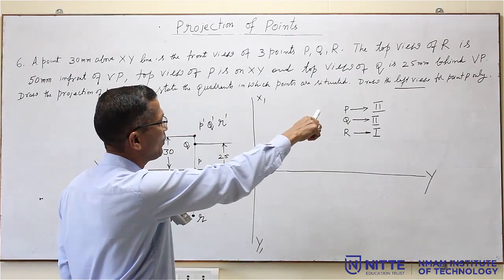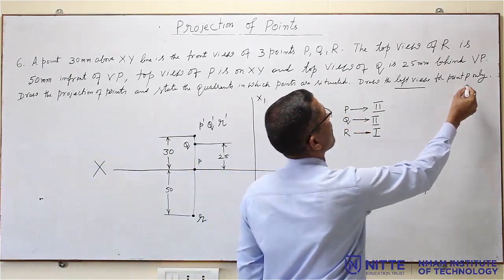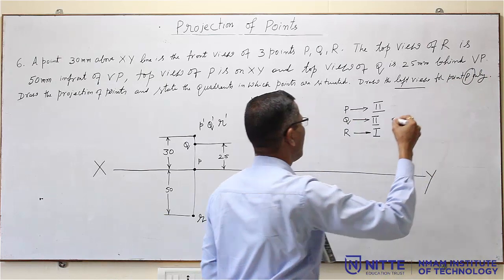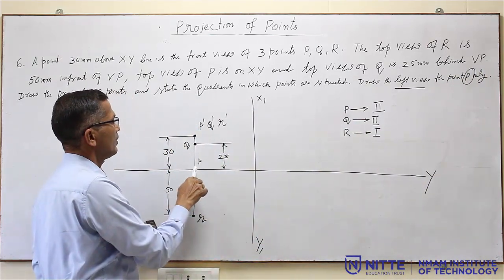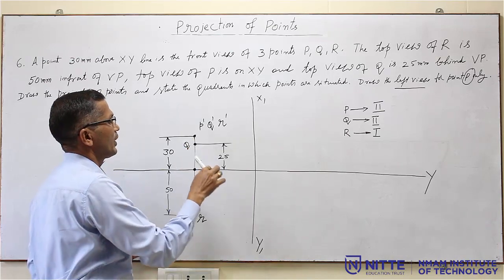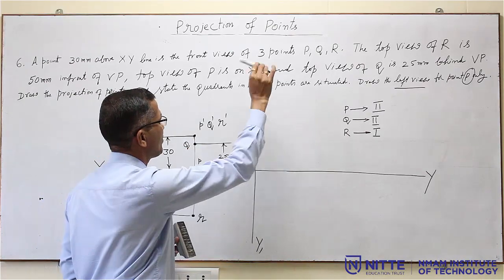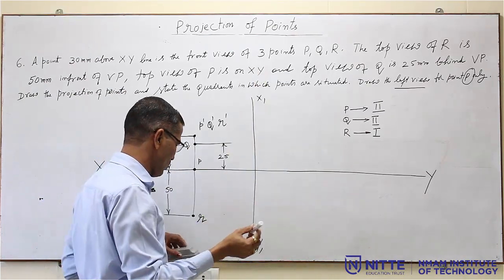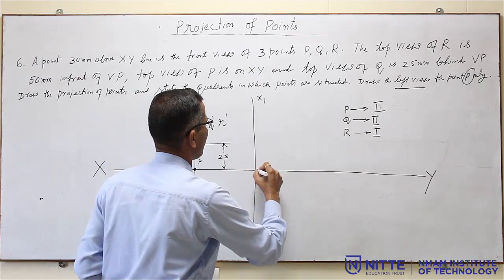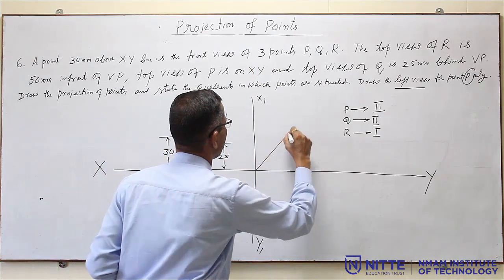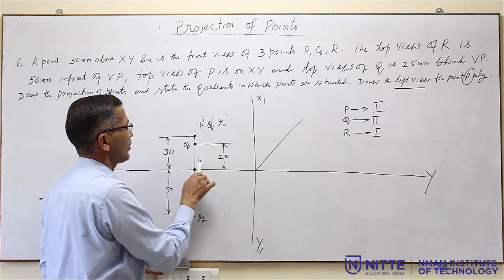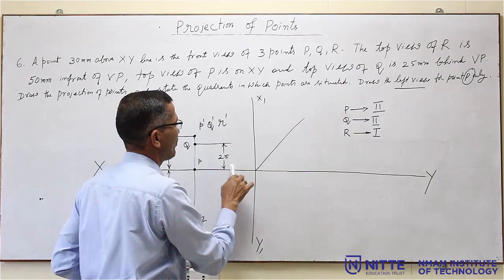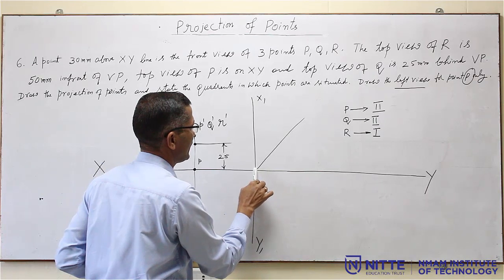Now you concentrate only on the point P, because they asked you to draw the profile view of point P only. So point P belongs to the second quadrant, that means everything is above the line. So what is the procedure for profile view? Draw a 45 degree line. Then come to the top view. This is the top view of P. Project it towards the 45 degree line. It will touch here exactly.